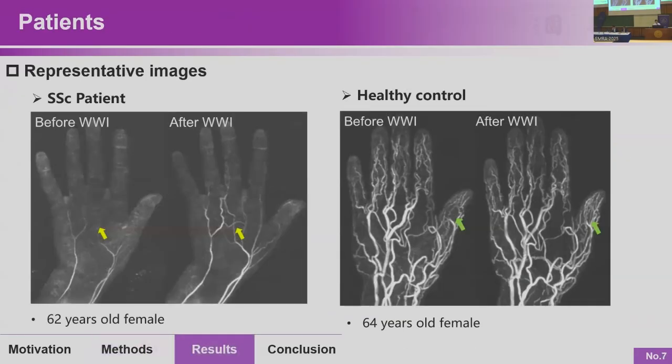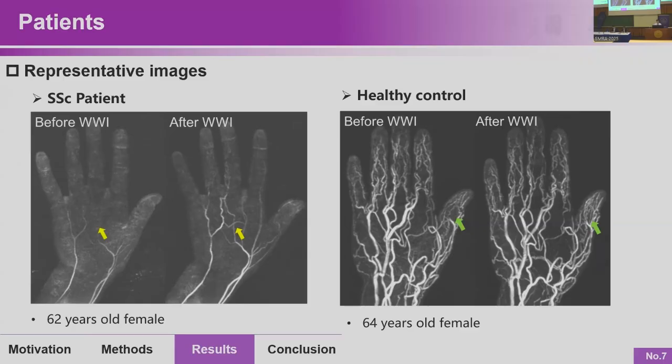Here is a representative illustration of the results. On the left is an image of a 62-year-old systemic sclerosis female patient, and on the right is an age and sex matched control. It's apparent that systemic sclerosis patients have a less abundant vessel structure compared with the control.